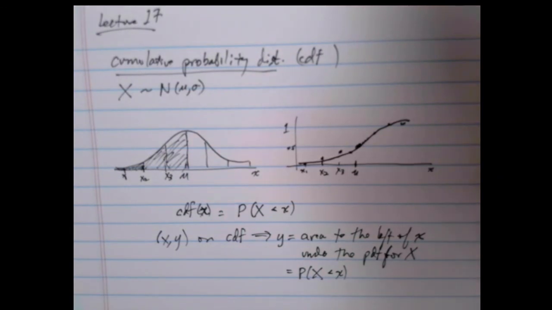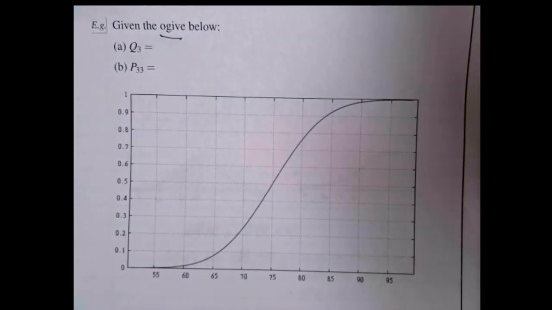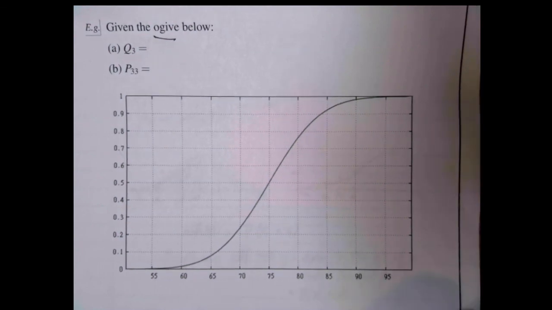All right, let me do a little sort of problem about this. Okay, we're given an ogive, this word right here, it's pronounced ogive, and it means the graph of a cumulative distribution function.